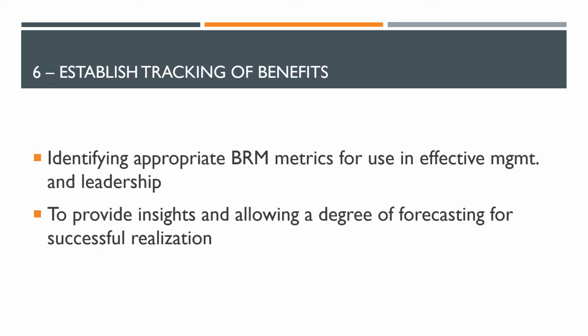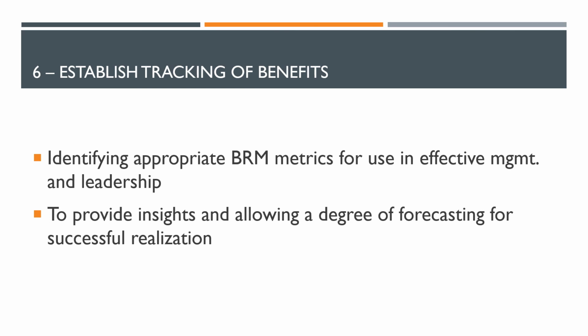The final enabler is establishing a tracking for benefits. So you need to have a tracking mechanism, a monitoring and controlling mechanism for tracking the benefits. So identifying the appropriate BRM metrics for effective management and leadership.